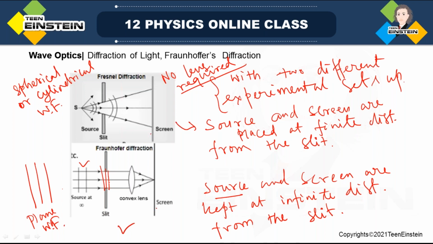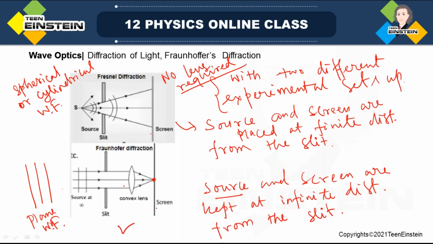and it is necessary to have one convex lens, for which the screen is kept at the focus of the convex lens. You have to place the convex lens in such a way that your screen is at its focus.